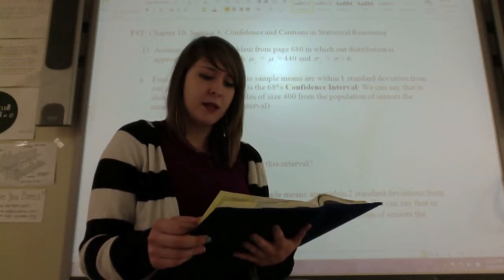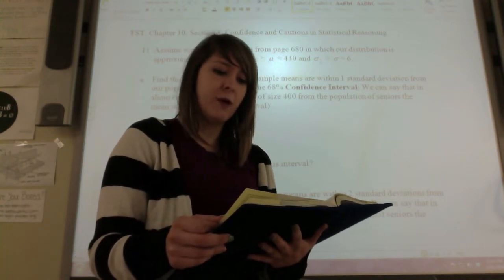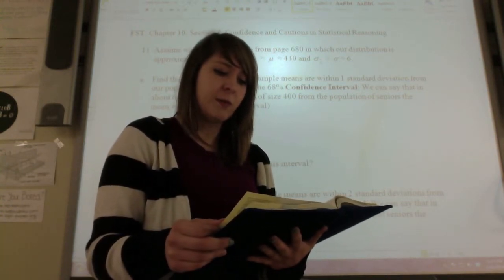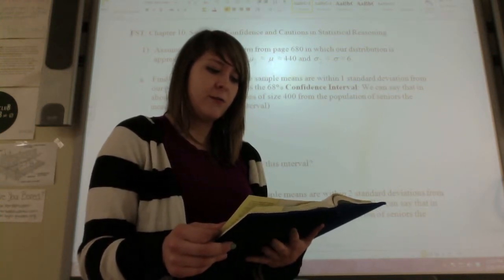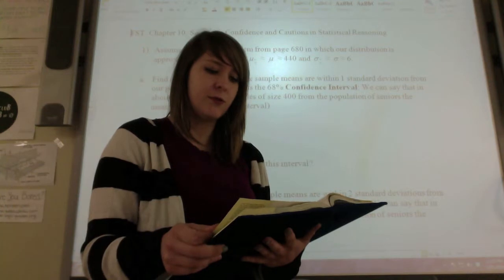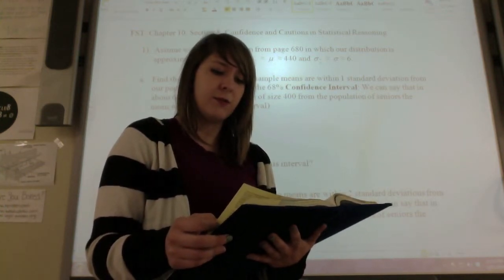A 95% level for mu indicates that 95% of the sample means will fall about 2 standard deviations from the population mean. For this situation, between 440 minus 2 times 6 equals 428 and 440 plus 2 times 6 equals 452.